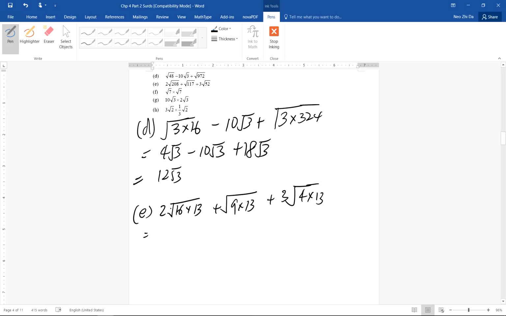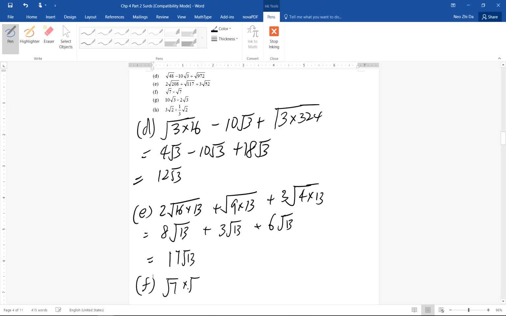Square root 16 is 4. 4, take it out. 4 times 2, 8. Plus 3 square root 13 plus square root 4 is 2. 2 times 3, 6. 6 square root 13. 8 plus 3 plus 6, 17 square root 13. Okay, now F.